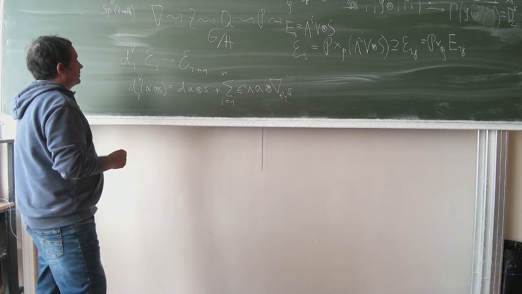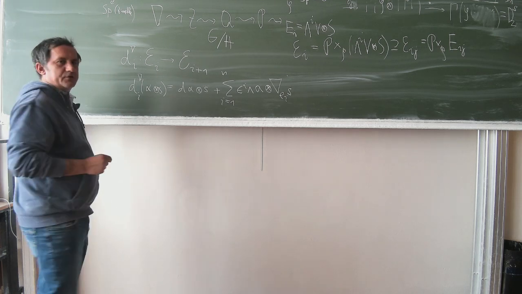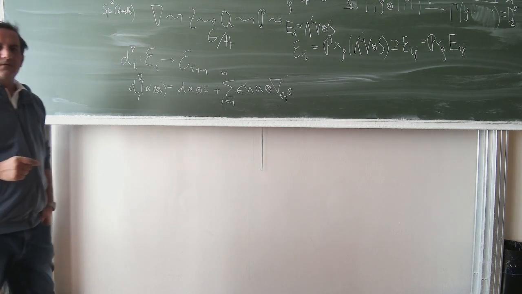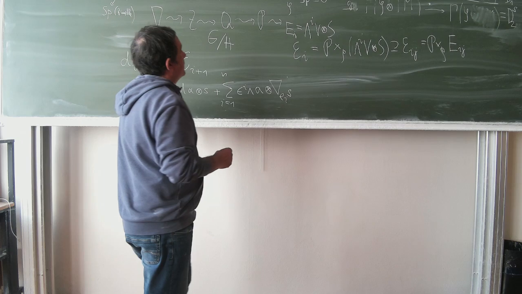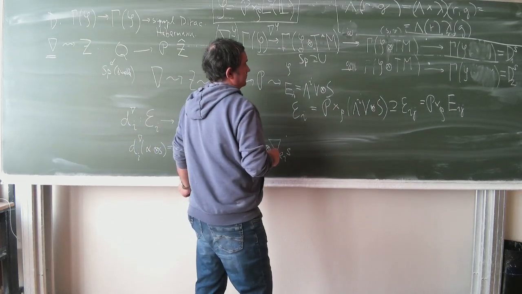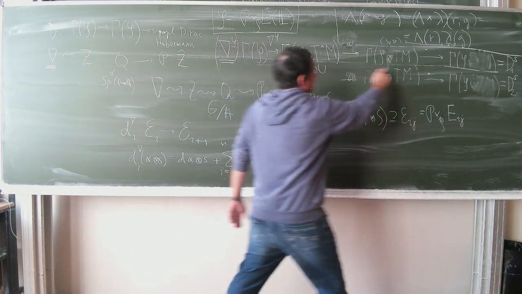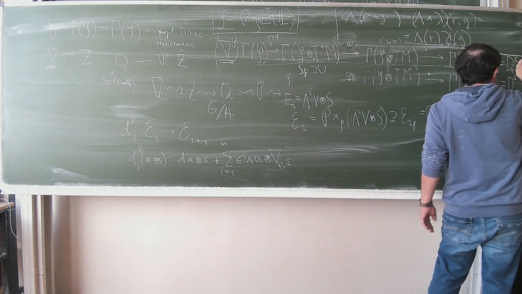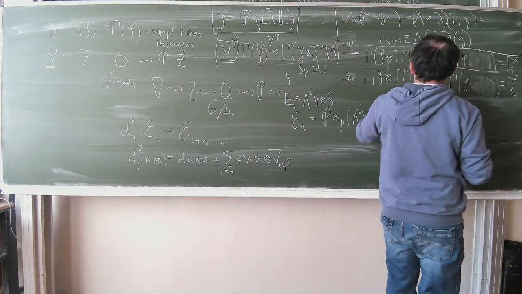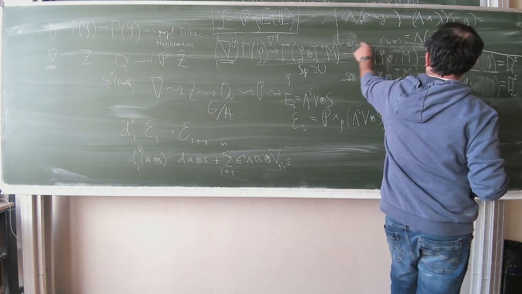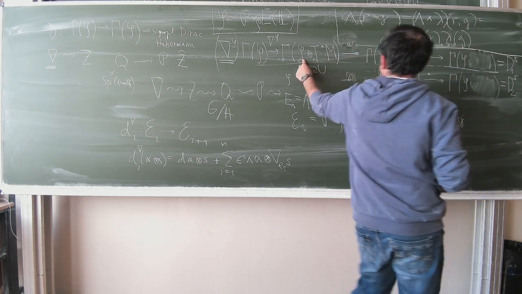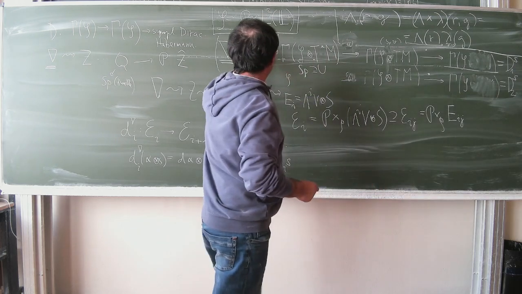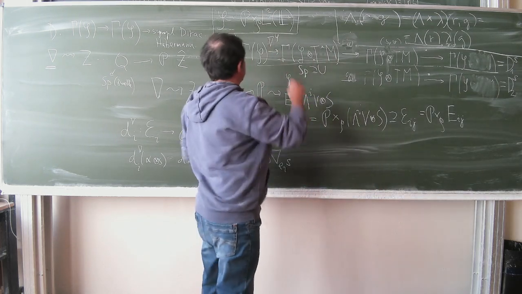Too many s's. On the second line there is nabla superscript S. That's not over arrows, on the left. Yes, no, this is S, you're right.